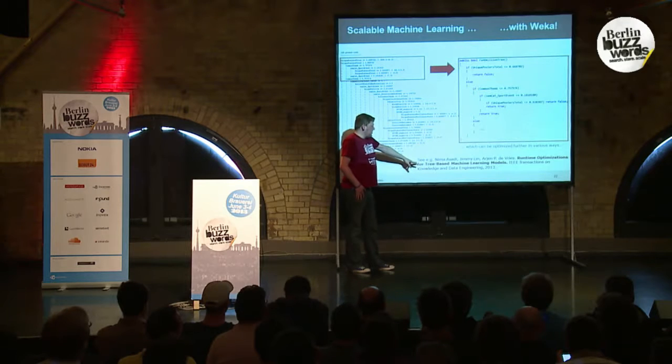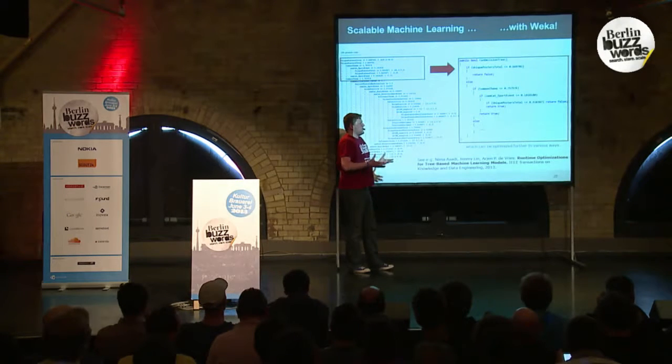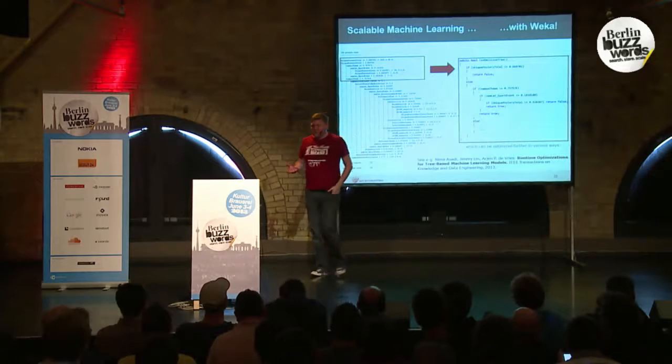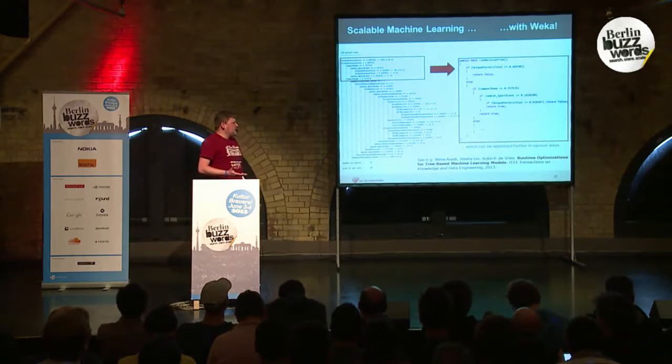There is a nice paper out there by Jimmy Lin, who is coming directly from Twitter. They use this approach a lot, and what you can then do is run all sorts of optimizations over it, and even go to the compiler, because the compiler tries to optimize such code, especially when it's coming from machine learning.